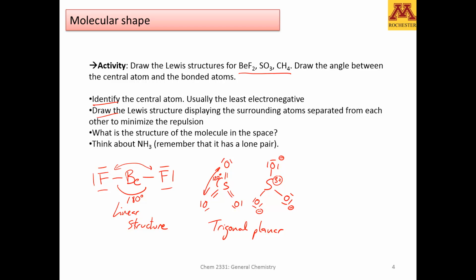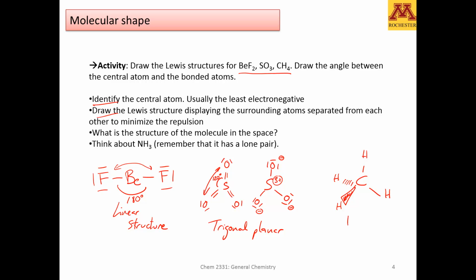Okay, and the last case would be methane. I'm sure that you are familiar with the structure of methane, and hopefully you are also familiar with these symbols, a way to represent the bond. That means when it's solid, it's coming out of the screen. When it's dashed, it's going into the screen.